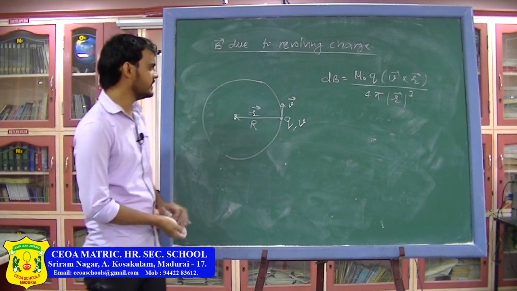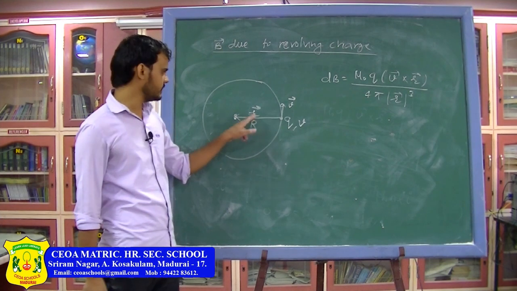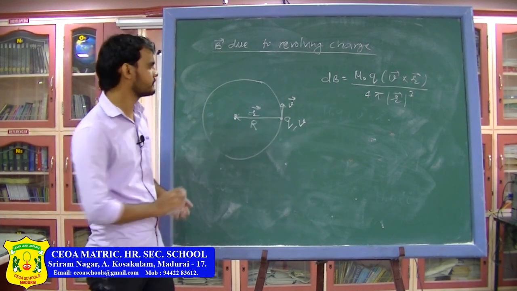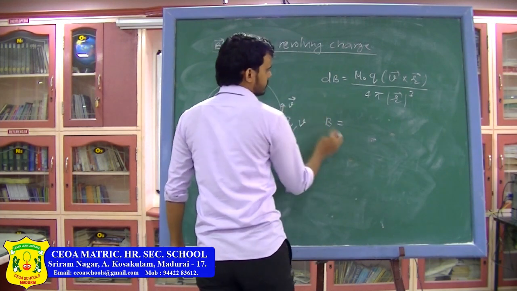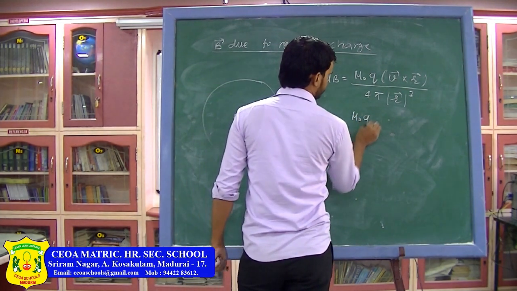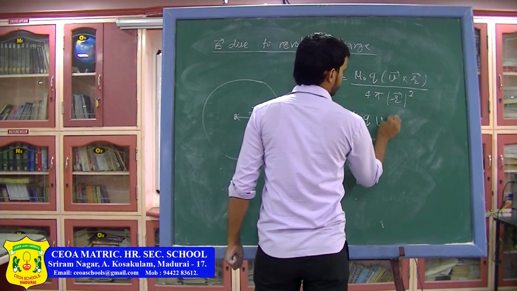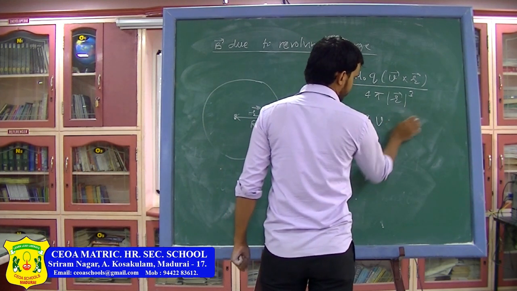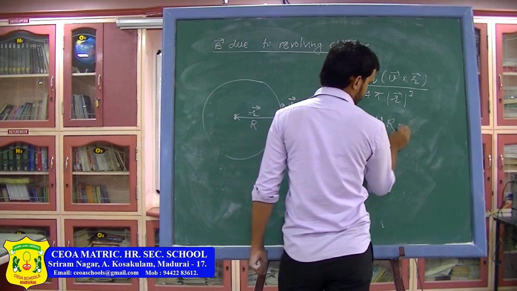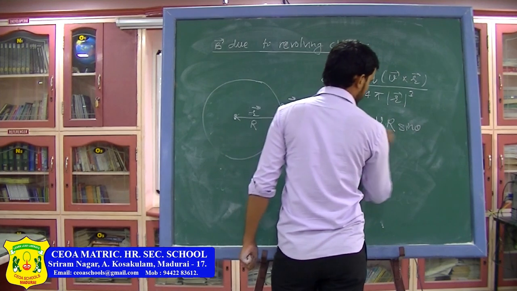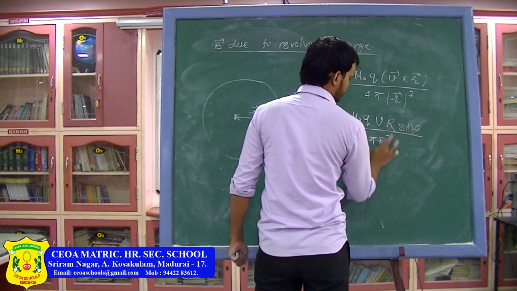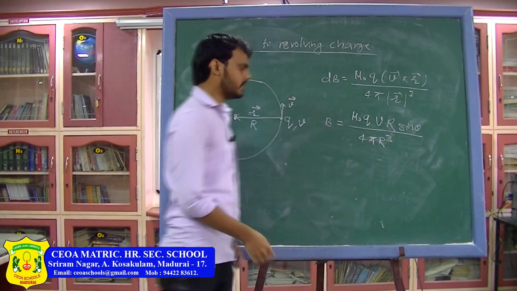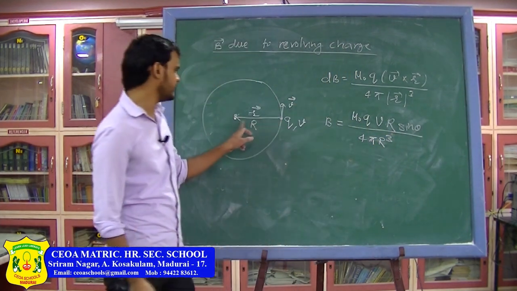So you can see that the angle between v and R is 90 degrees. So the magnetic field can be written as mu naught into q v R sin theta, where the position vector will be capital R sin theta, divided by 4 pi capital R cube. Here the position vector can be written as R vector.